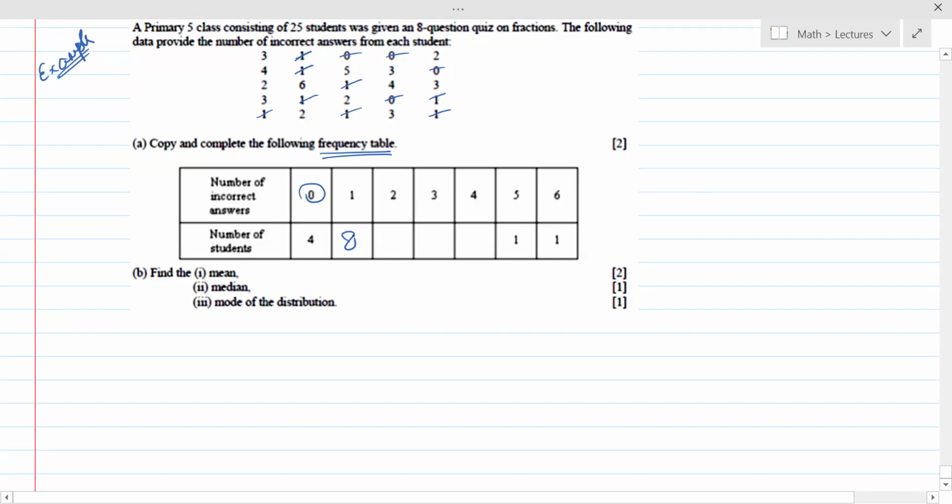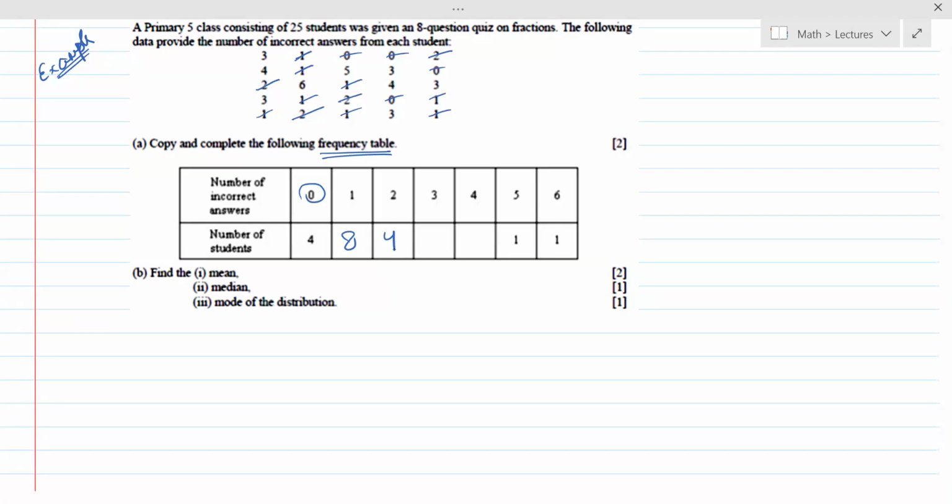Now we move to 2 incorrect answers: 1, 2, 3, 4. There are 4 students who gave 2 incorrect answers.